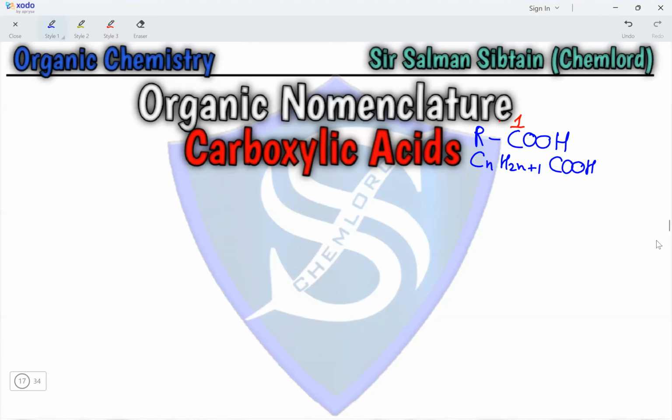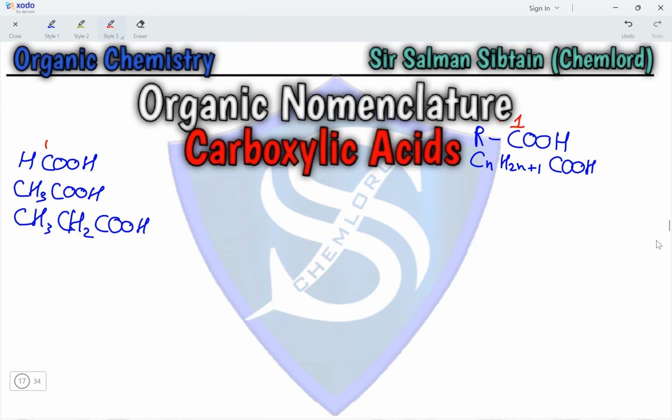So the naming of carboxylic acids: the carboxylic acid with one carbon atom would be HCOOH. With two carbon atoms, it would be CH3COOH. With three carbon atoms, it would be CH3CH2COOH, actually. So correcting this, CH3CH2COOH, the numbering being fixed 1, 2, 3.